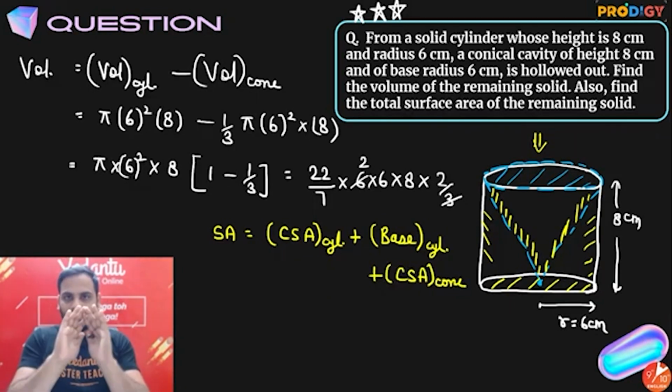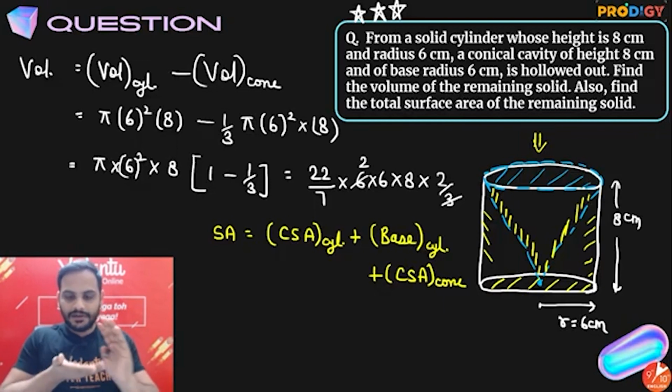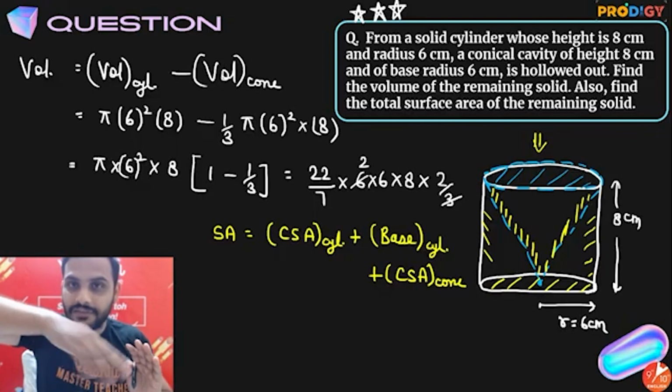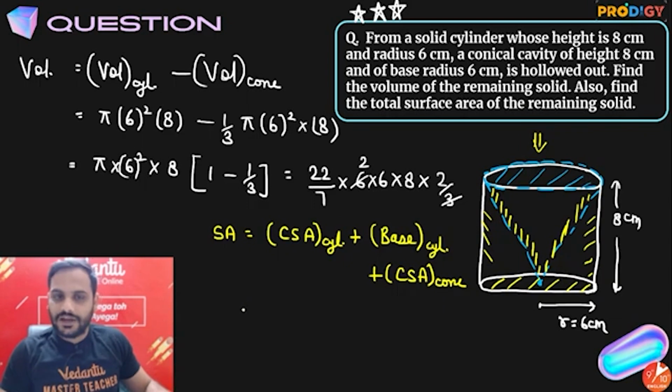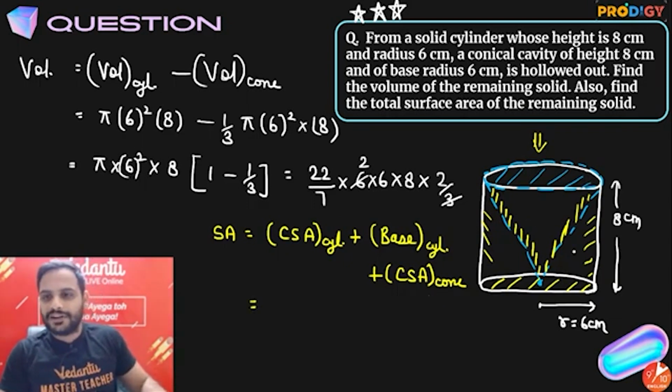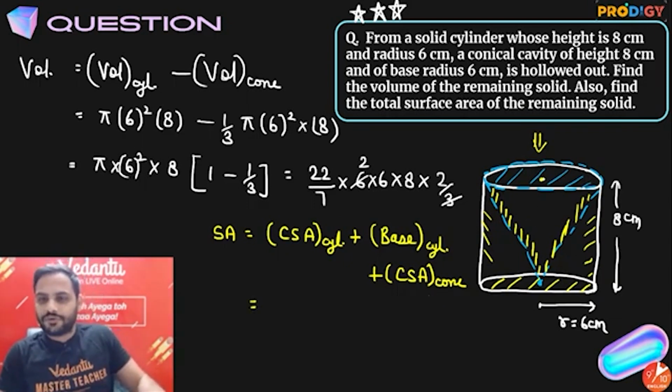So CSA of the cylinder plus the bottom of the cylinder plus, from the top, the curved surface of the cone. Now add all of that. For the cone, beta, what is the slant height? For the cone also the radius is 6 and the height is 8, so l will be the square root of 6 square plus 8 square, which is 10.